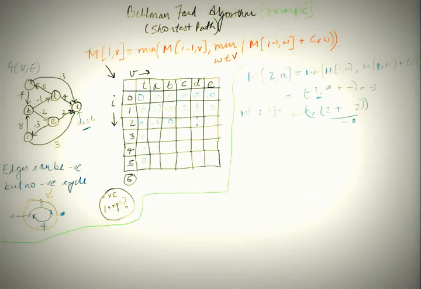Then from C to T using 2 edges, this is the direct edge, and through B is the only other path. So M(2, C) is equal to the minimum of M(1, C), or M(1, B) plus the cost. M(1, C) is 3 and M(1, B) is infinity plus the cost.